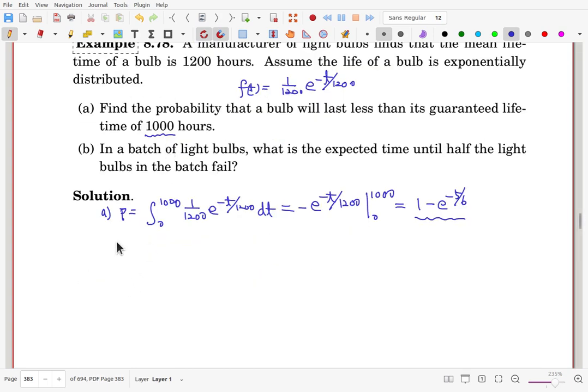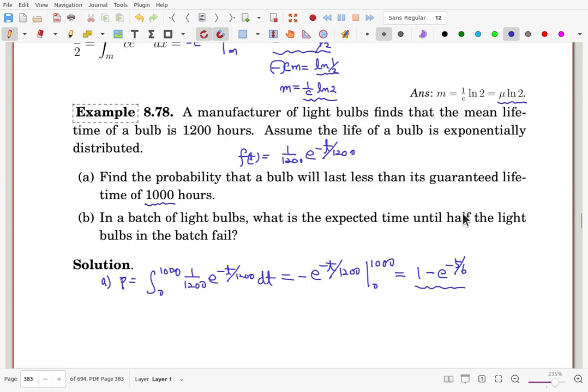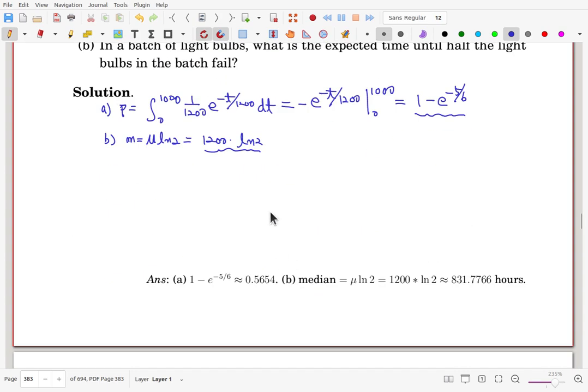We also know from this one that it is the same as mu times logarithm 2. So if we are using the formula, then the median is mu times logarithm 2. What is mu? Already given here, 1200. And here logarithm 2. So that is exactly the median. You can finish it this way.